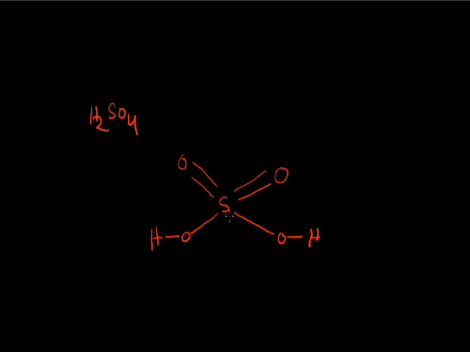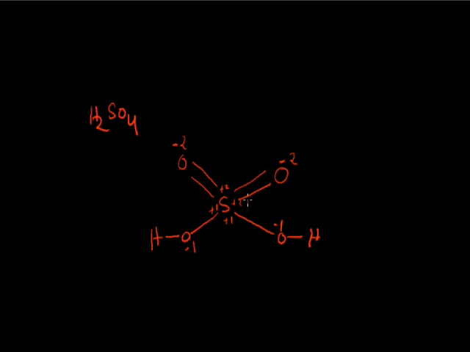So in the sulfur-oxygen single bond, the oxygen becomes minus 1 and sulfur becomes plus 1. Similarly, on this side, oxygen becomes minus 1, sulfur becomes plus 1. On this side, oxygen becomes minus 2 due to the double bond and sulfur becomes plus 2. Similarly here, oxygen becomes minus 2 due to the double bond and sulfur becomes plus 2.